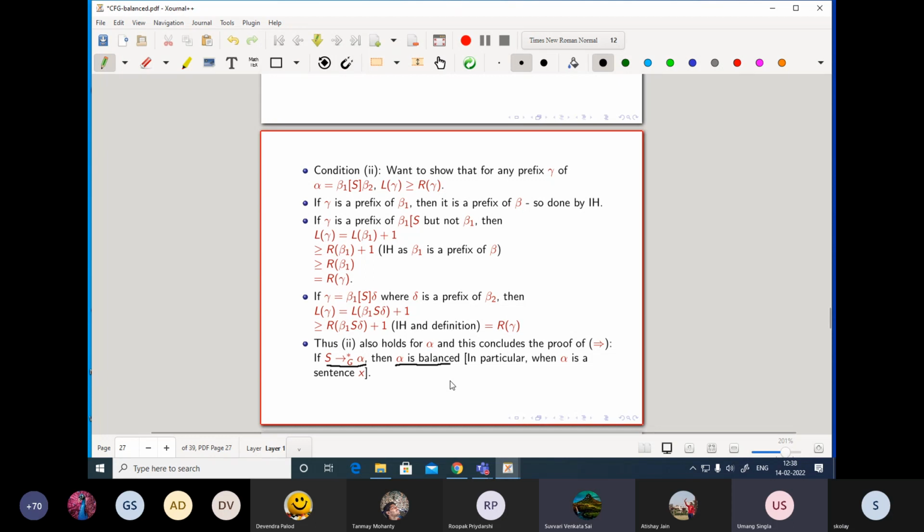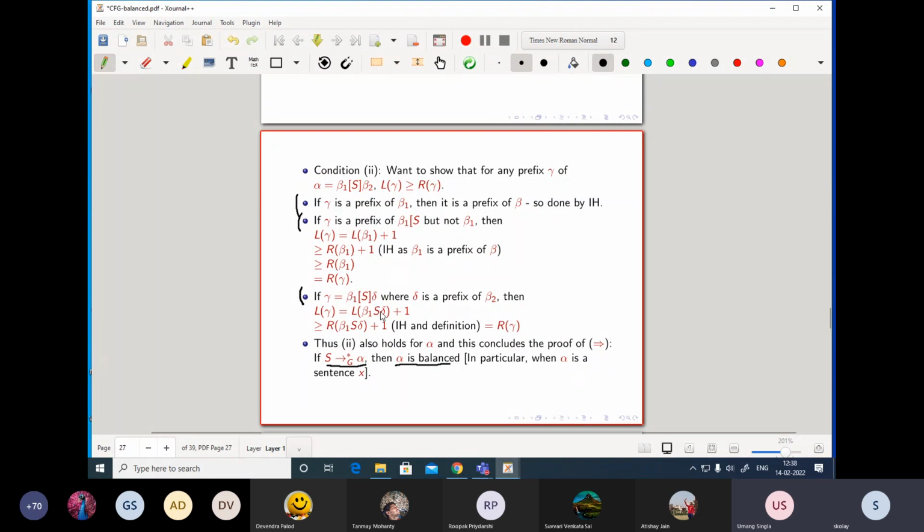Ma'am, here we can take any prefix, right? Even though we wrote beta 1 as beta 2, we can take some part of beta 2, and as you took delta as a prefix of beta, right? But we need to argue for every prefix, not just any prefix. That's the reason why we analyze three cases. First is when it's a prefix of beta 1, next is when it's a prefix of beta 1 bracket S, and finally prefix of beta 1 S delta.